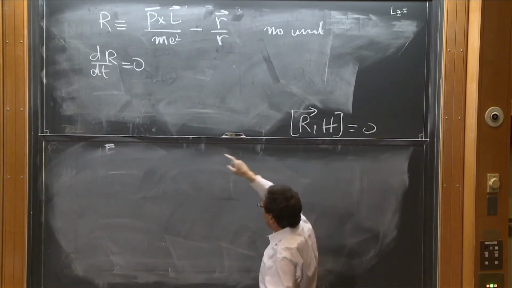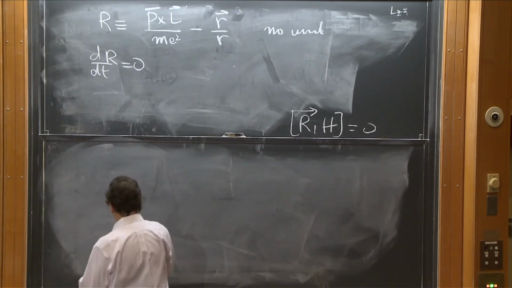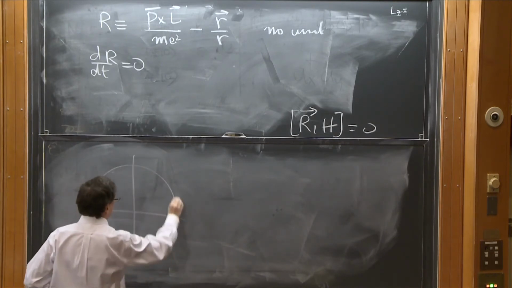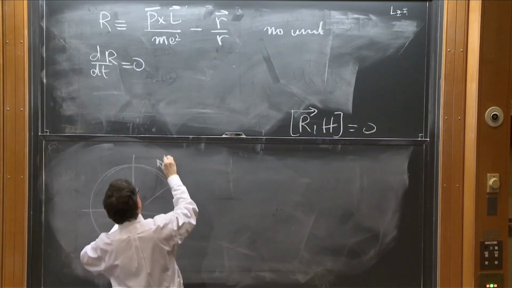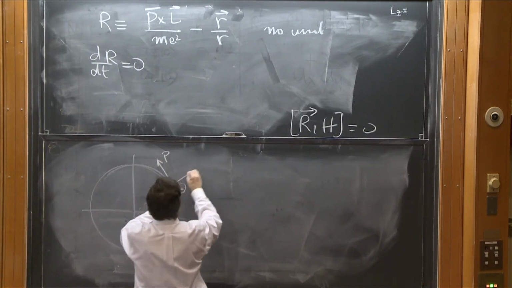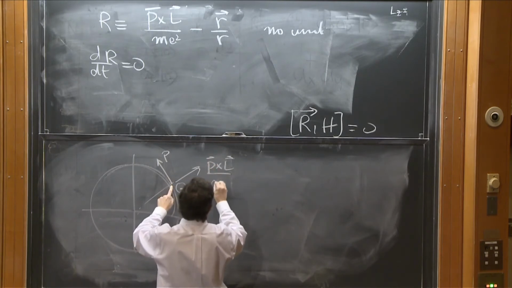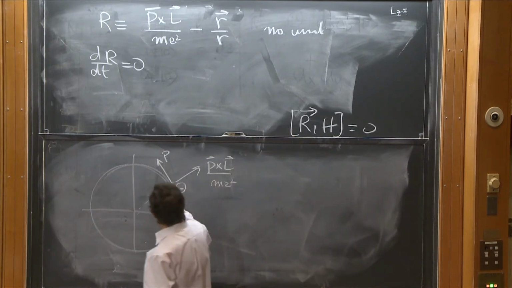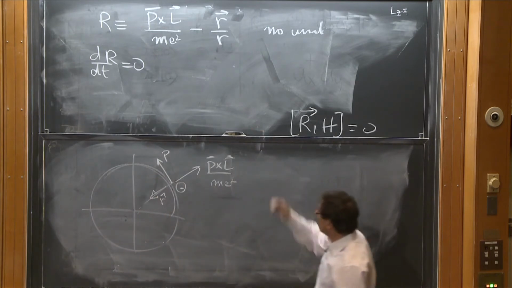Now, how does this look? First of all, if you had a circular orbit, how does it work? Let's see. P is here. L is out of the board. P cross L is here over m e squared. And the radial vector is here, the hat vector.